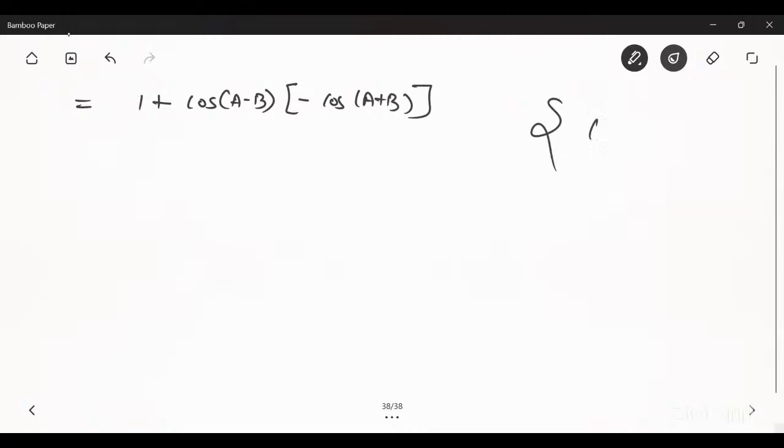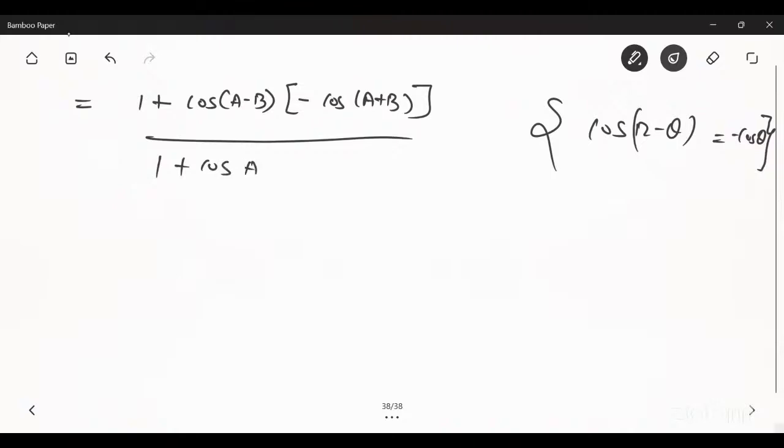So 1 plus cos (A minus B) times minus of cos (A plus B), because we know that cos 180 minus theta is equal to minus of cos theta. It comes in the second quadrant, na? And in the second quadrant only sine and cosec will be positive, rather all others will be negative. And in the denominator we will get 1 plus cos (A minus C) times minus of cos (A plus C).